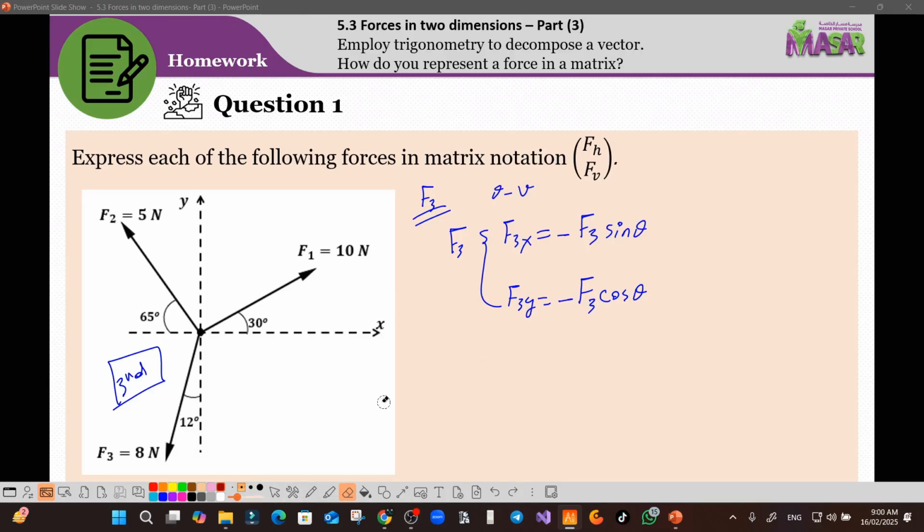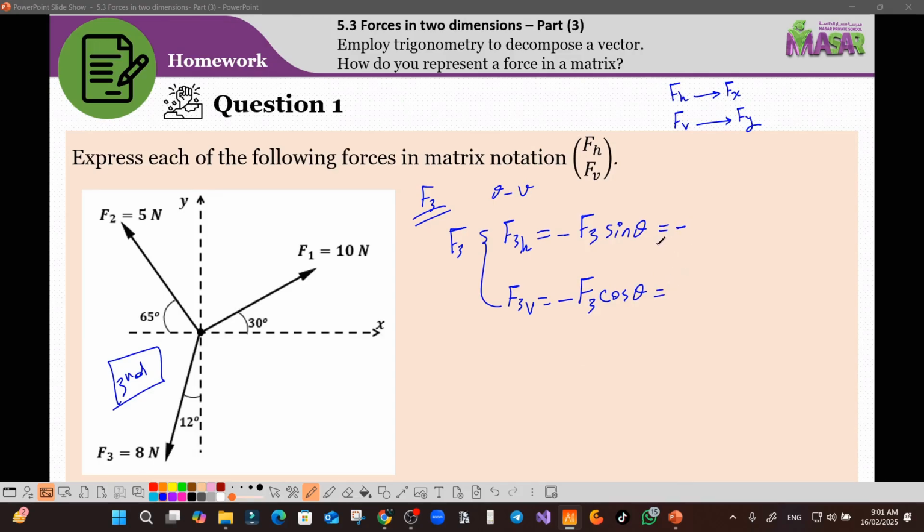Again, let me use the same notation that I have used in earlier questions. So let me write here horizontal and vertical. And let me recall that FH is the same as FX, so you can use them interchangeably here in this question, as well as FV. You can write FY.